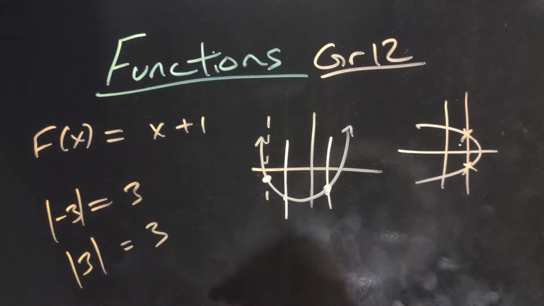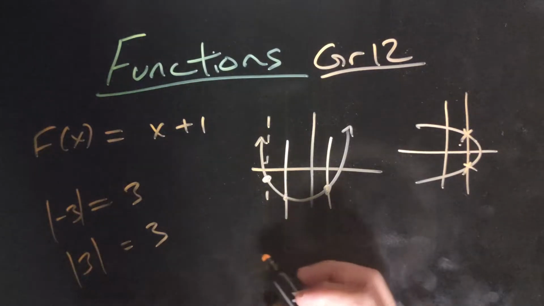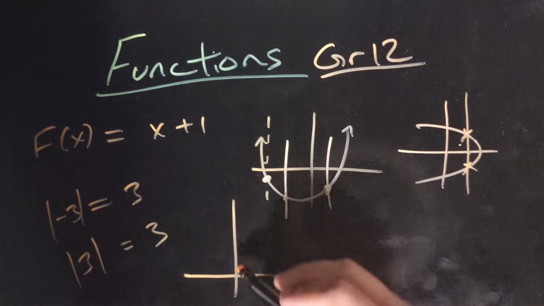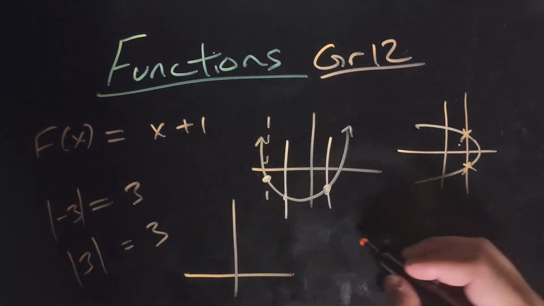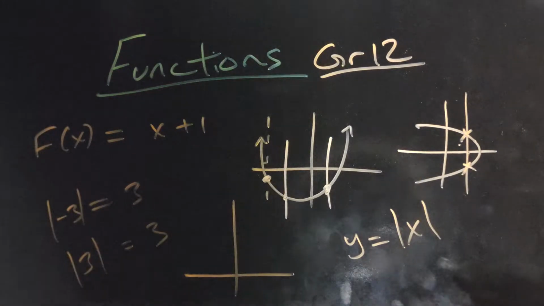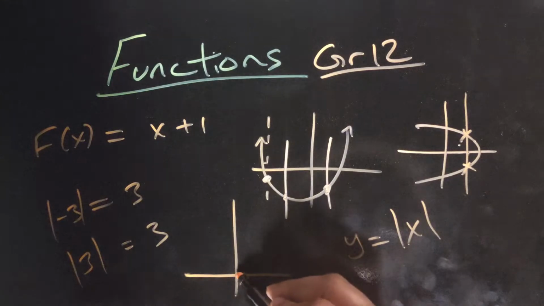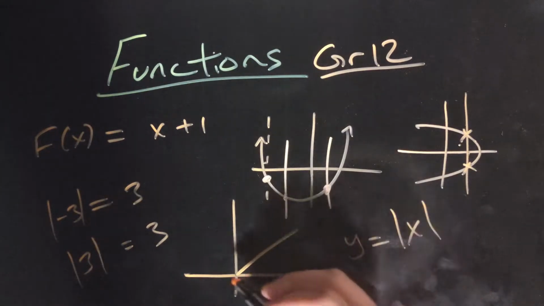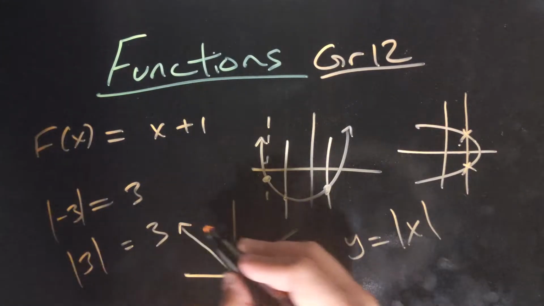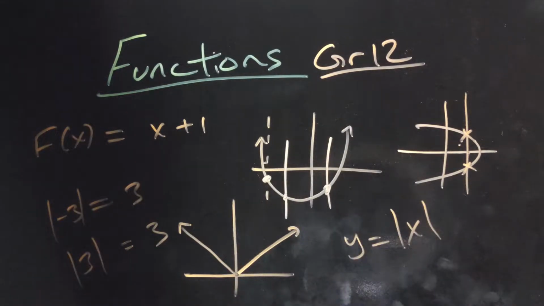So let's keep that in mind and remember the function y equals the absolute value of x. So y equals x is this, but the absolute value will not be negative, it will also be positive. That is our absolute function. We have to remember that.